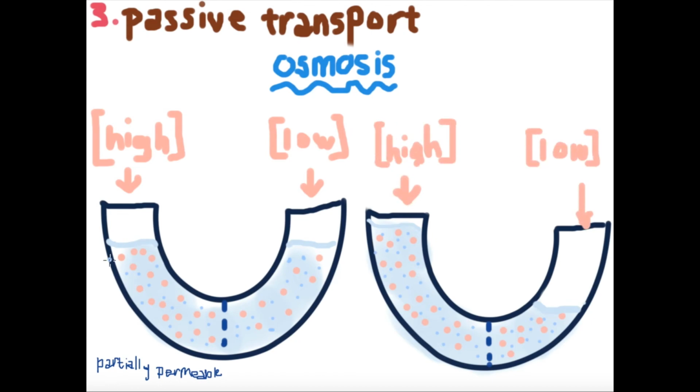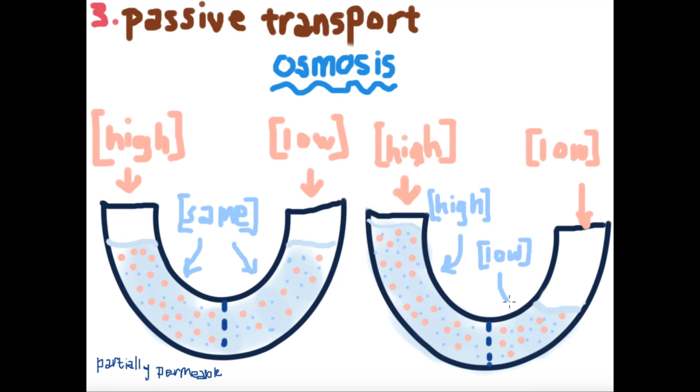Now, on the vessel on the right, I know I've written high concentration and low concentration for the pink solute, but actually what's happened here is that there's that same high amount of pink solute on the left and the same low amount on the right. But what has happened is that there is a higher amount of water molecules on the left that have gone through the membrane, and a lower amount of water molecules than before on the right.